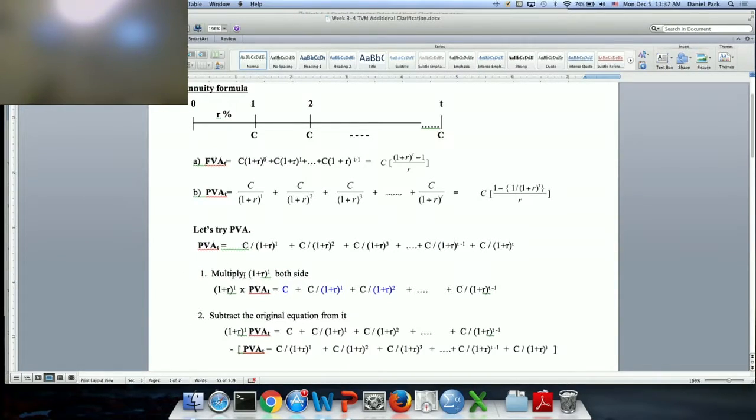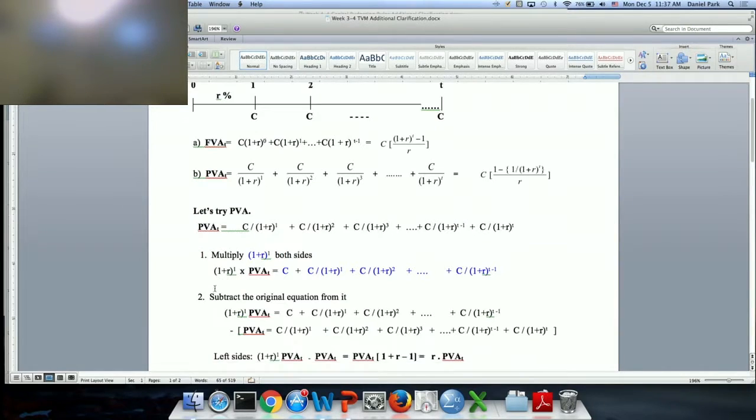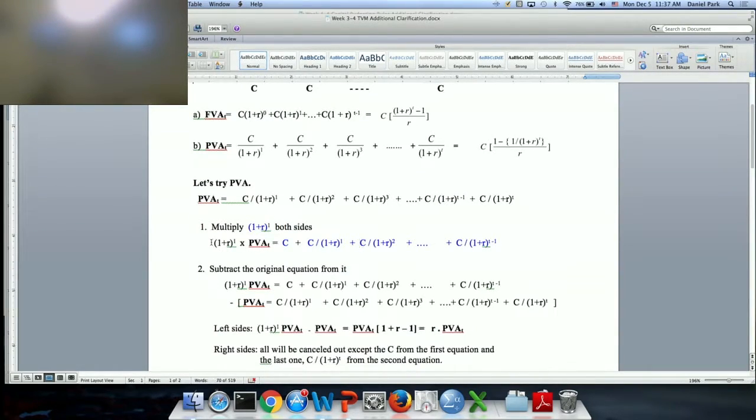So we multiply by 1 plus R on both sides, oops, typo here. Both sides we multiply, then we have these left over. Look here, left side, we have 1 plus R times PVA. I will just delete part 1, it's the same.